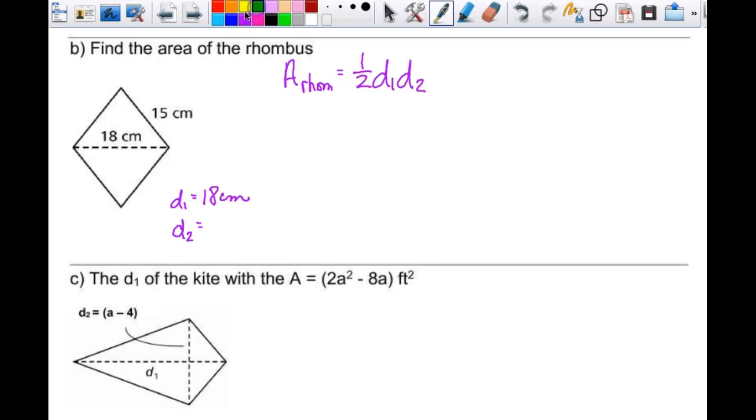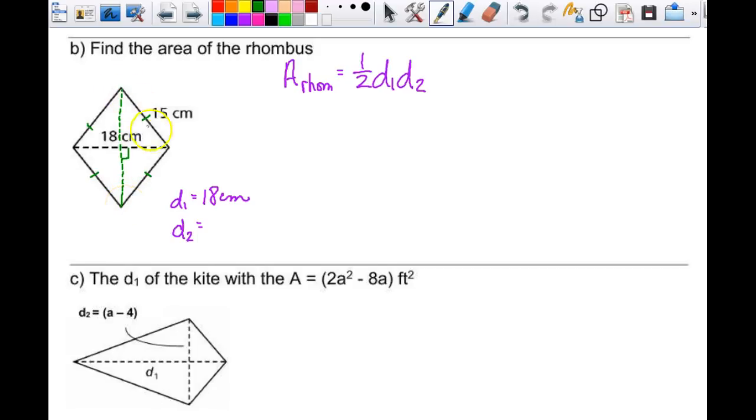Okay. Okay. So D2 is my green one. So what would I do Pythagorean theorem with, Caleb? 15 and 15? It could be a 40.